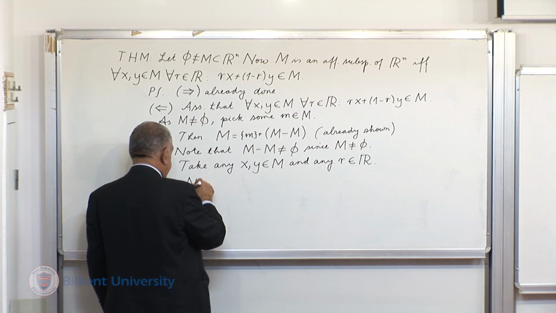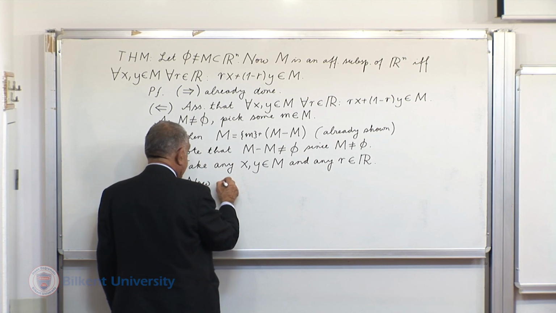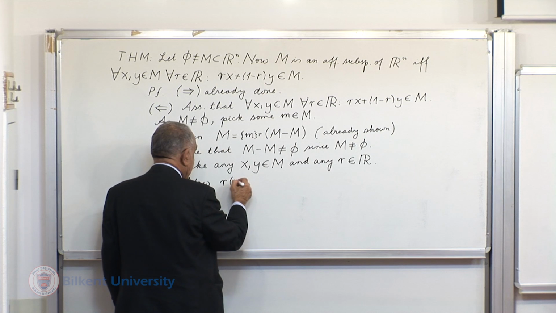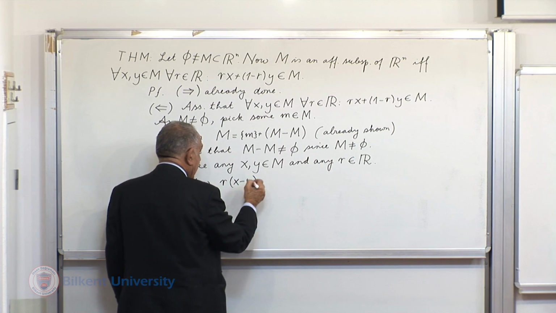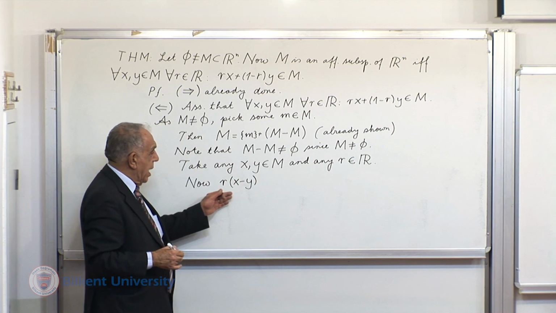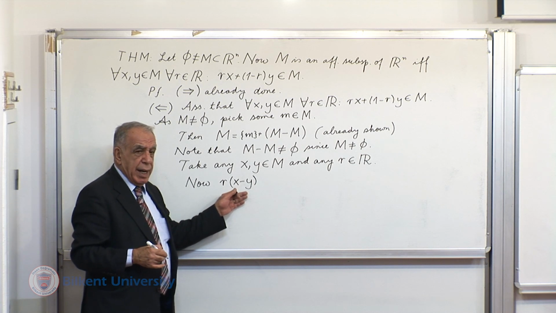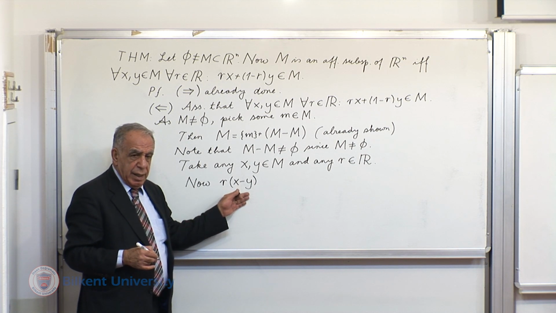Now, r times (x minus y) is rx minus ry.